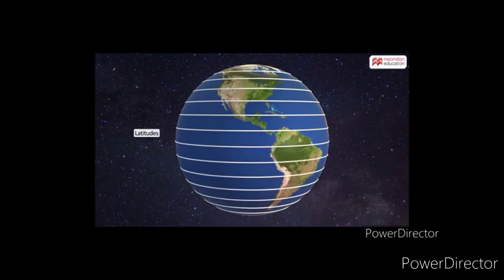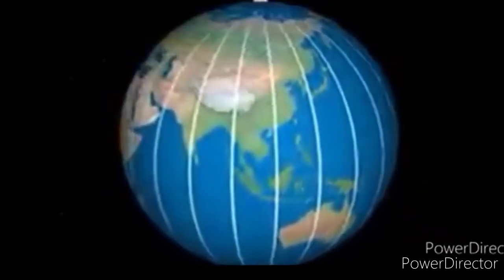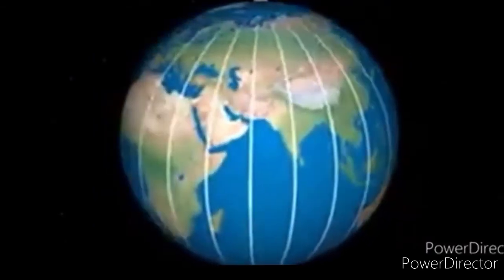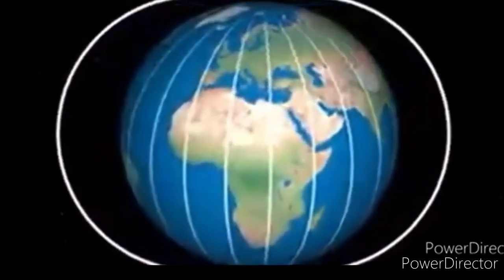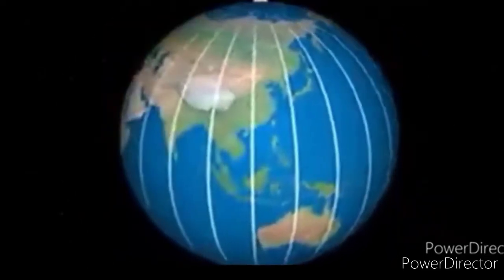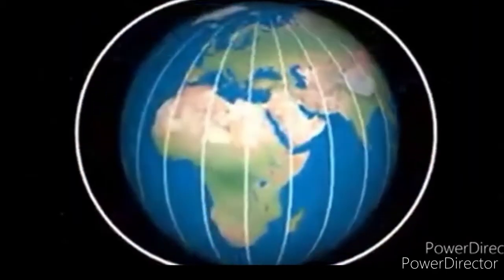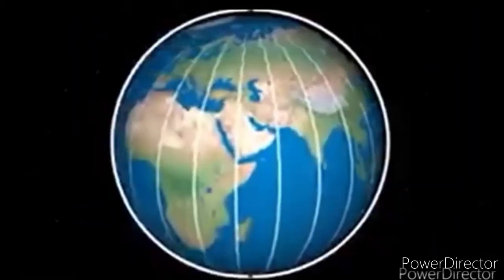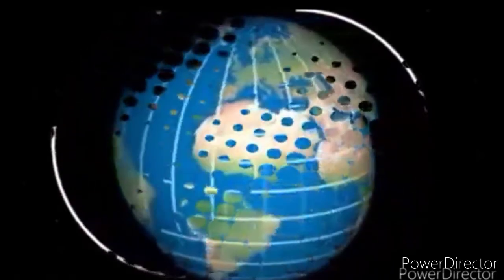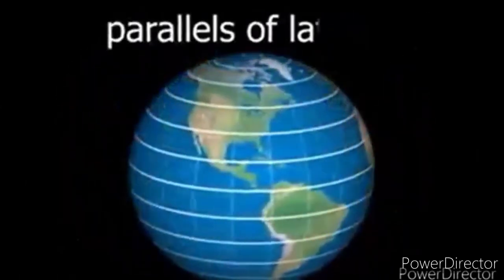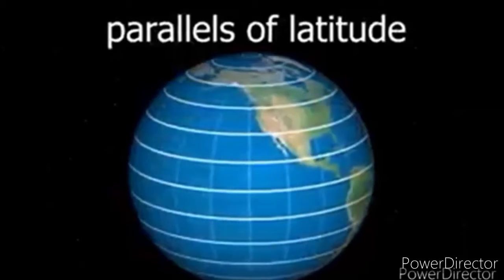As you know now, latitudes are imaginary lines drawn horizontally on the surface of the earth. Similarly, longitudes are also imaginary lines drawn vertically on the surface of the earth. It is a little confusing to remember which lines are latitudes and which are longitudes, so you can remember them with a simple trick.